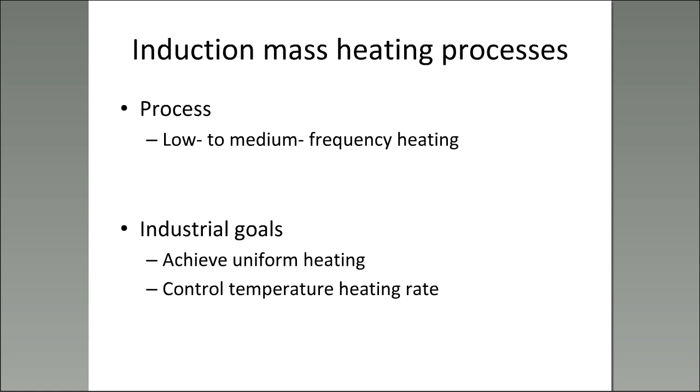If you do induction mass heating, you are going to work with low to medium frequencies for heating. The industrial goals you normally aim to achieve are either to achieve uniform heating, in some cases to try to control temperature heating rate, also to reach a given temperature field before you start, for instance, a forging or an extrusion process.